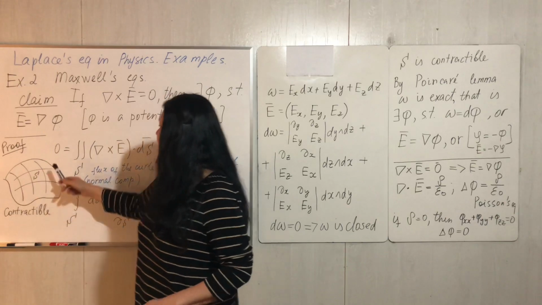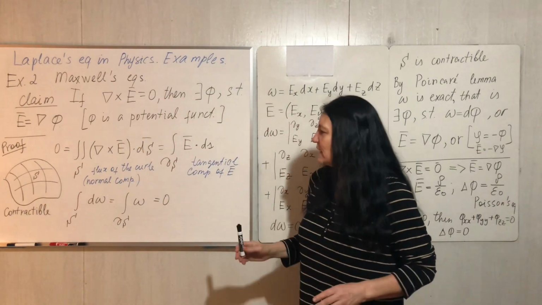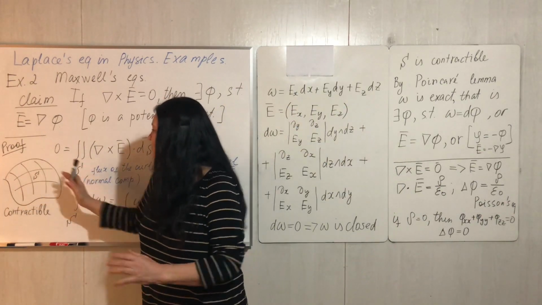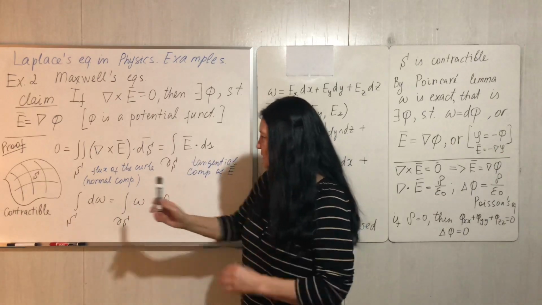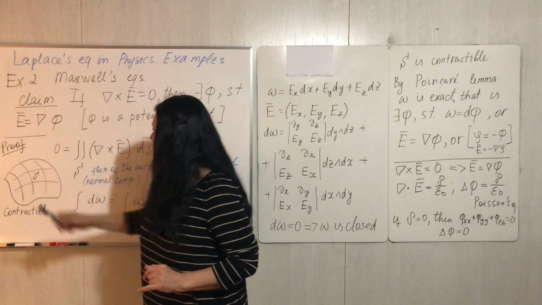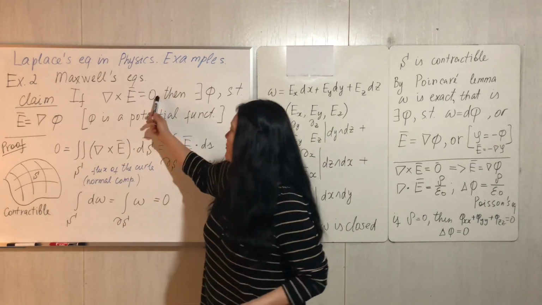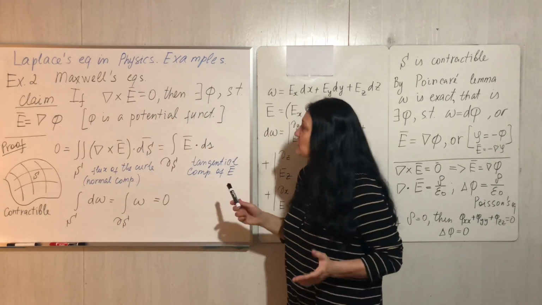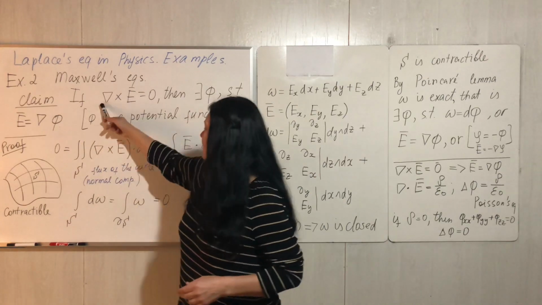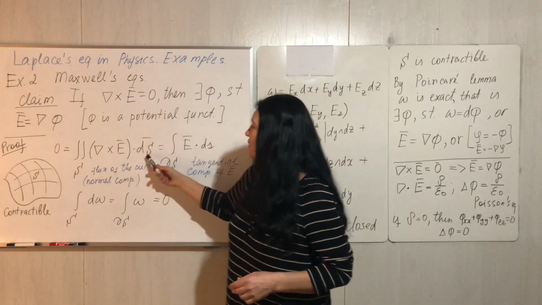Assume that we have somewhere in our space a contractible piece of surface, so a surface in one piece, with no holes. And if we integrate the right hand side of this equation, we still get 0, but on the left we will have this integral.